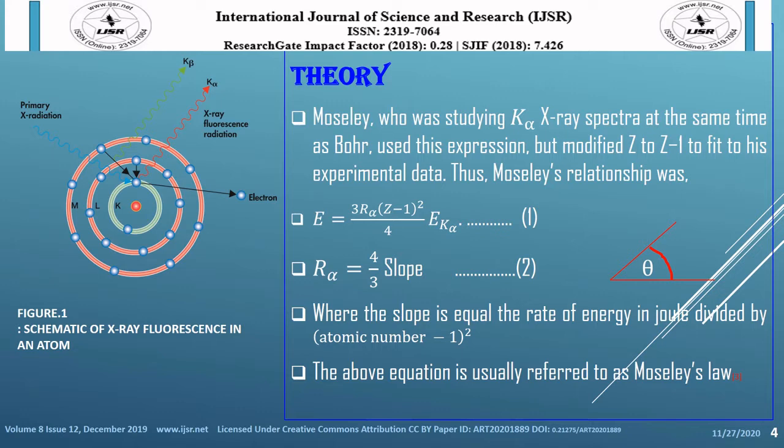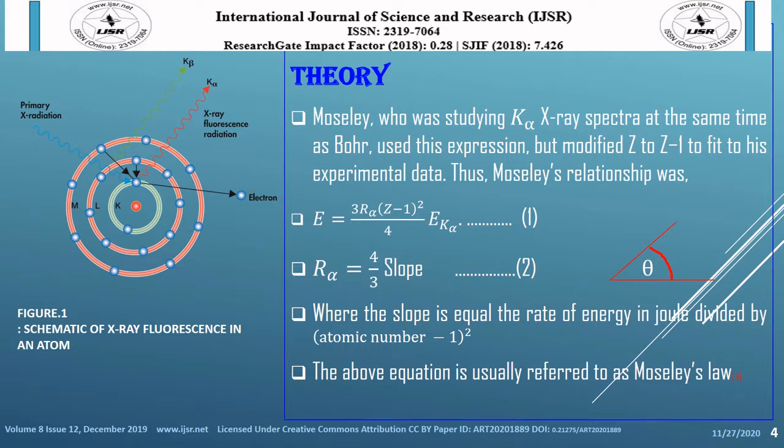From this theory we find that Moseley studied the K alpha X-ray spectrum at the same time as Bohr, using the expression but modified Z to Z minus 1 to fit the experimental data.